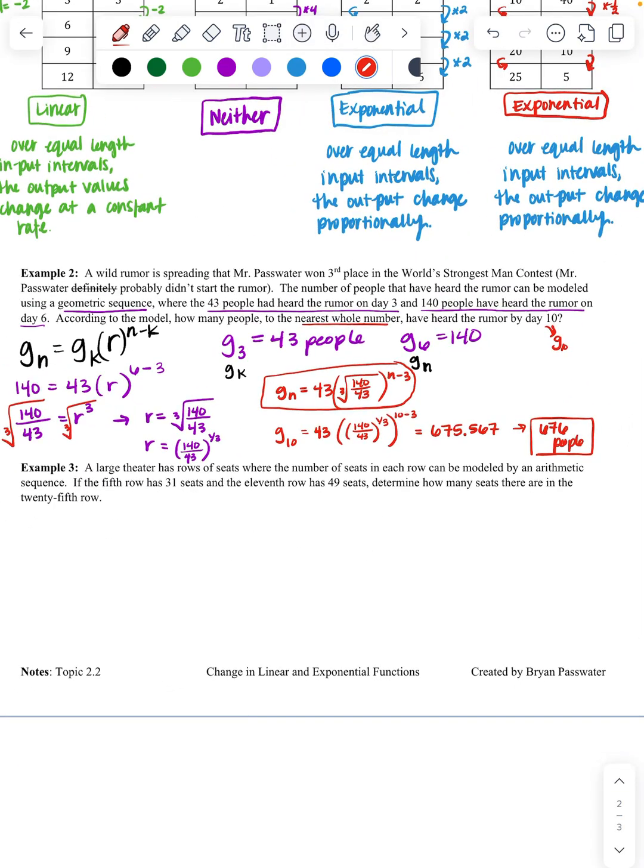Last example. Feel free to pause and try it on your own. It says a large theater has rows of seats where the number of seats in each row can be modeled by an arithmetic sequence. So right then and there, I'm seeing arithmetic sequence, and so I'm thinking about my formula. A sub n is going to be a sub k plus our common difference times n minus k.